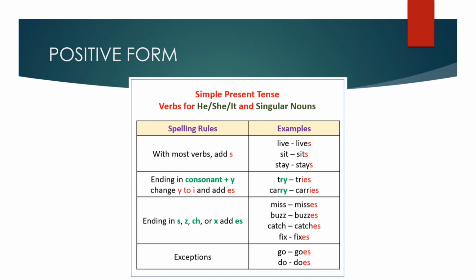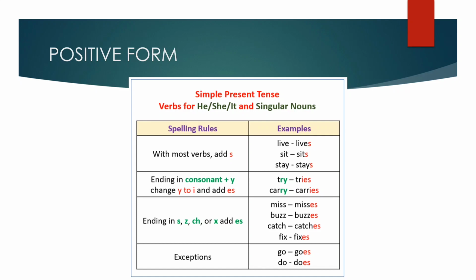For example, live becomes lives, sit becomes sits, stay becomes stays. However, for the verb ending in consonant y, we have to change y to i and add es. For example, try becomes tries.